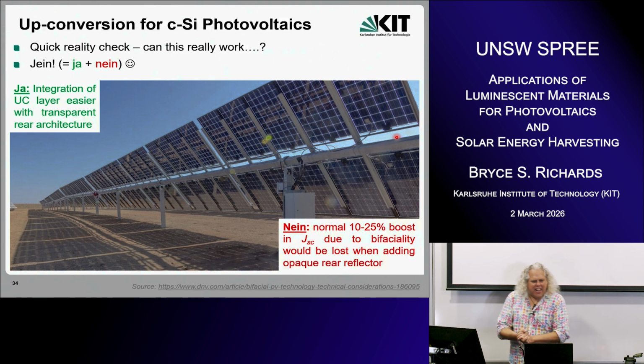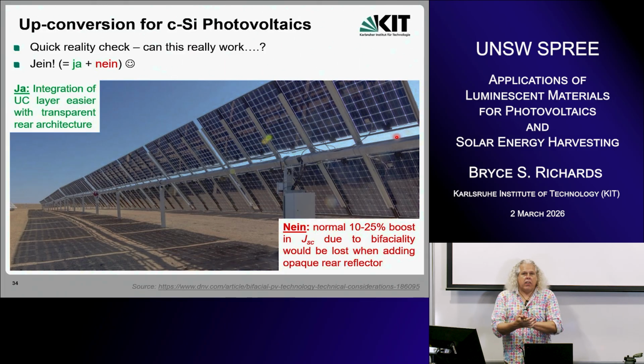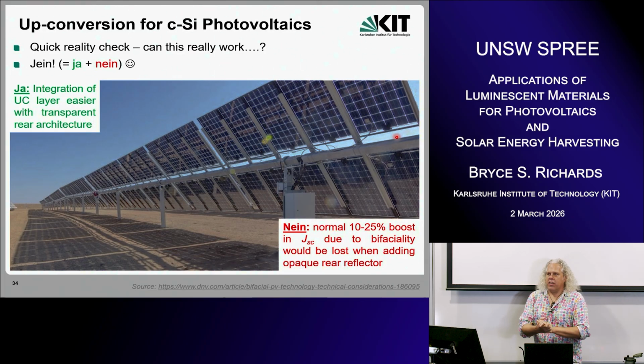So, yeah, the yes of this is that, of course, we can integrate layers pretty easily on the rear of the solar cell because we've got a kind of transparent architecture there, at least transparent for the photons of wavelengths that we're interested in.